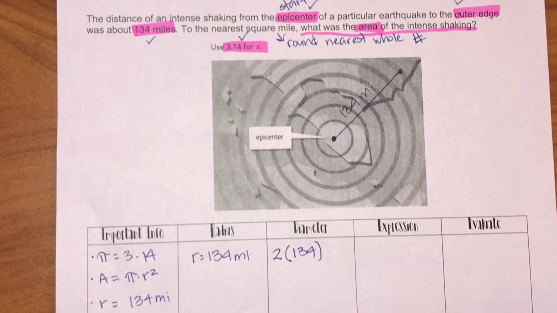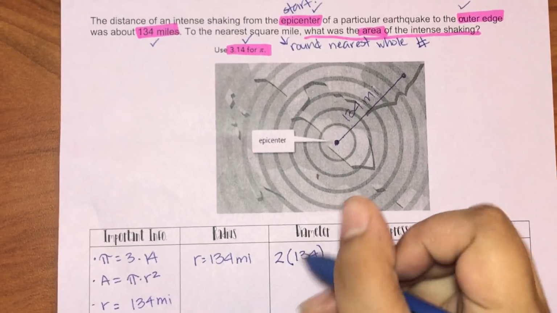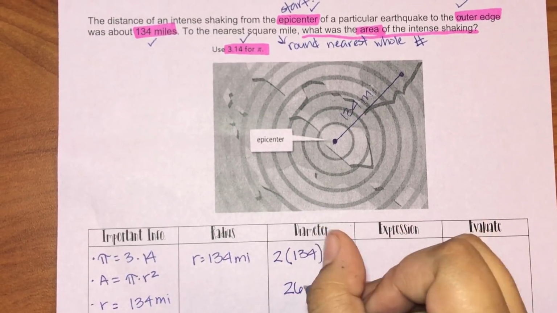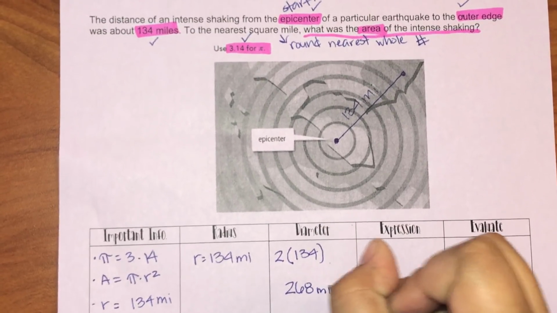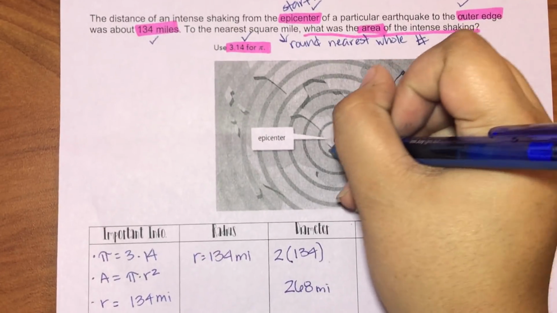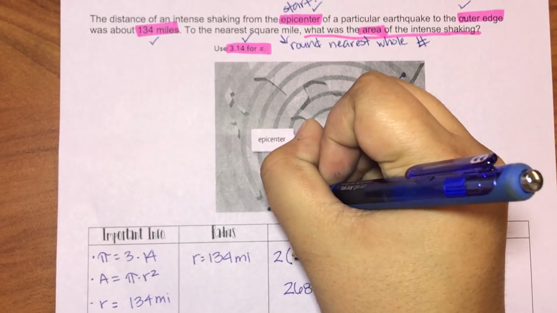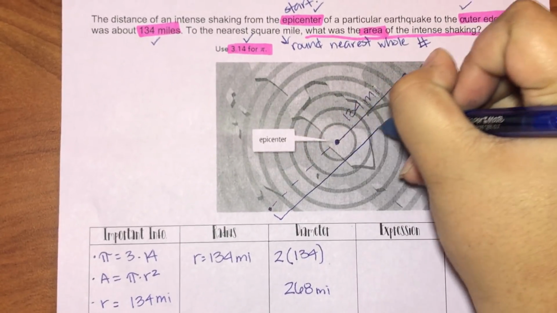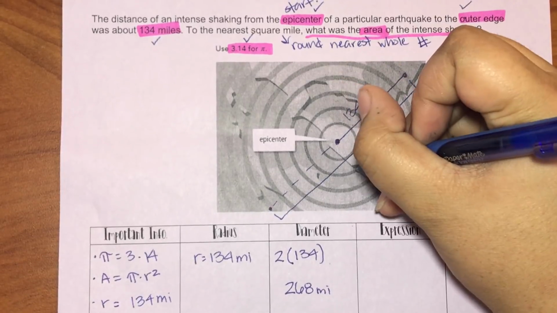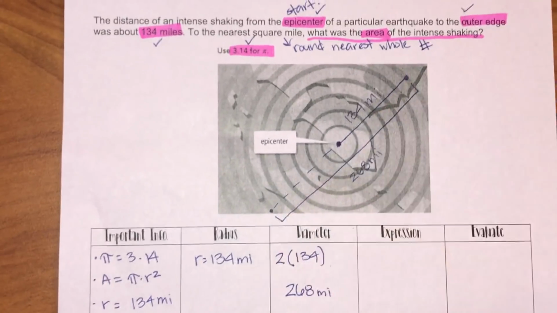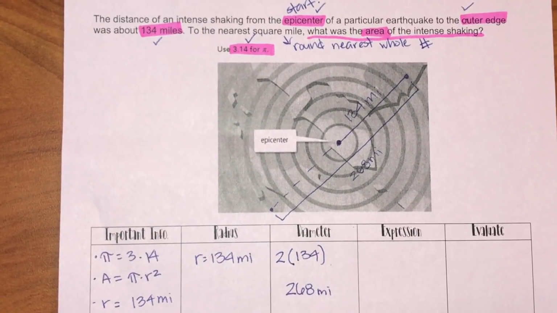Take out your handy dandy calculators. Double the 1 is 2. Double the 3 is 6. Double the 4 is 8. So that's 268 miles. From that total space right here, that whole distance is 268 miles.